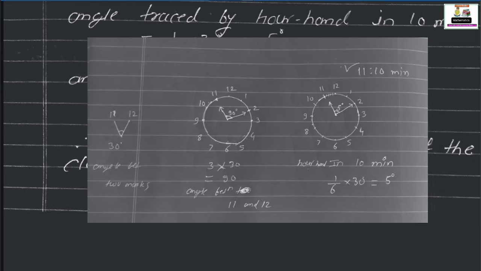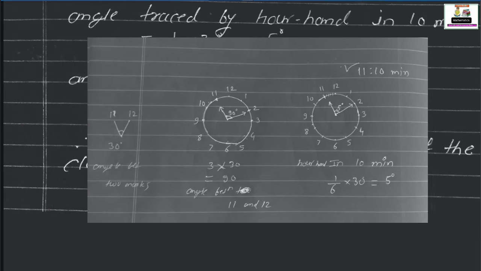That means it covers 1 part, 2 and 3 parts. This is 90 degrees. And the exact time is 11:10, meaning the hour hand covers an angle in 10 minutes of 1 by 6 into 30, we get 5 degrees. Then this 90 degree angle minus this angle 5 degrees, we get 85 degrees. Here the hour hand is not on the 11 mark, it is slightly inside.